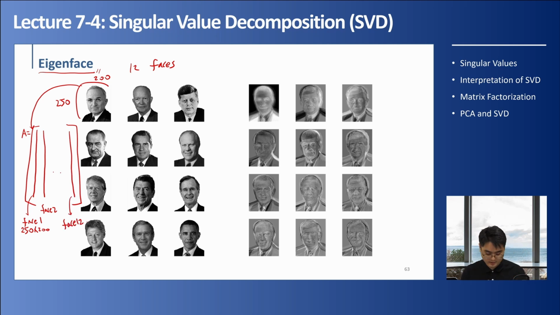So we have a very large A matrix, which has the size of 250 times 200 times 12.